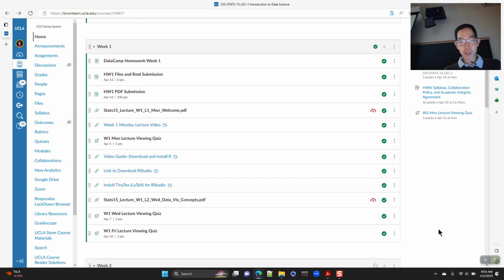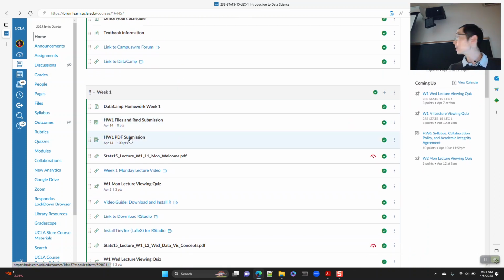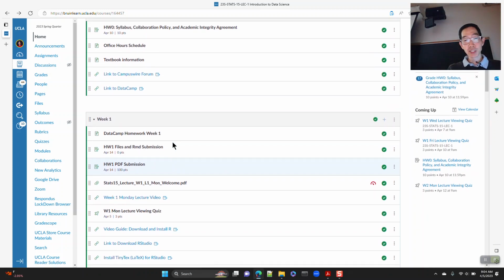Your first homework assignment has been posted. Homeworks get posted as RMD files, R Markdown files, and you can enter your responses into that file. Then in R Markdown you use the button called knit, which renders the output into a PDF, and you will upload your PDF to Brew and Learn.